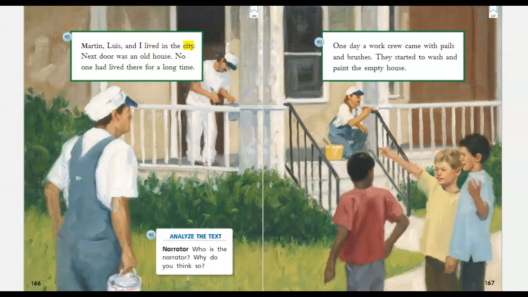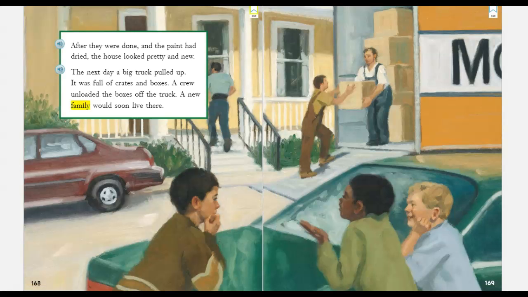They started to wash and paint the empty house. After they were done, the paint had dried, and the house looked pretty and new.